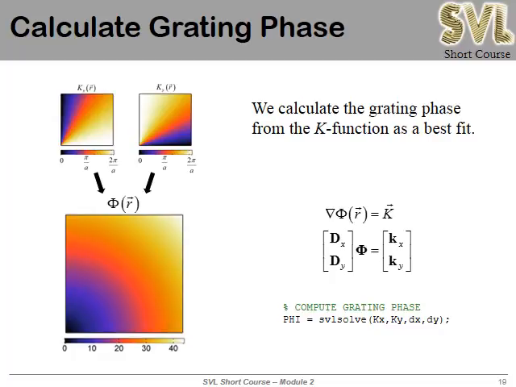Now, and this really is a difficult step, fortunately in this short course, we've made it pretty easy. But we need to solve this differential equation. We have k equals del phi. We can expand this into sort of a matrix form, and here we're using the finite difference method, although we could use the finite element method or probably a variety of other numerical techniques.